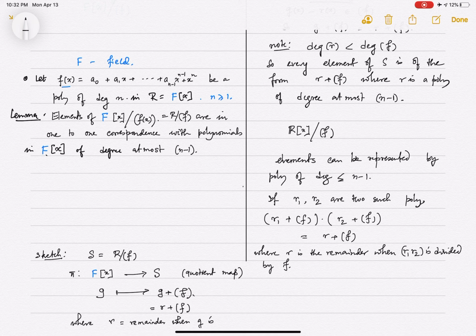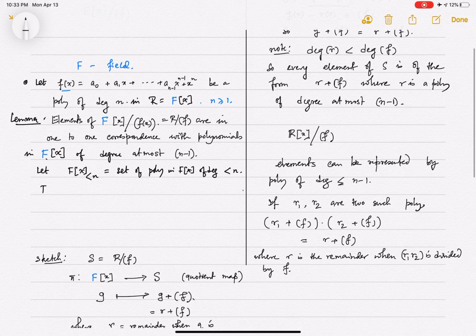More precisely, let this denote the set of polynomials in F[x] of degree less than n. So degree up to n minus 1.